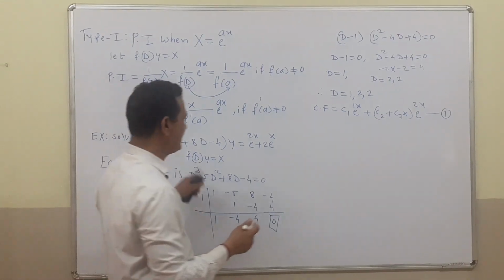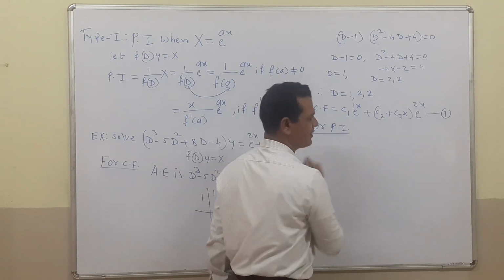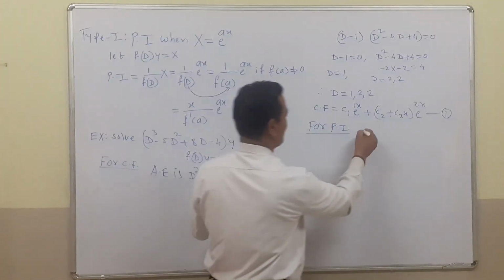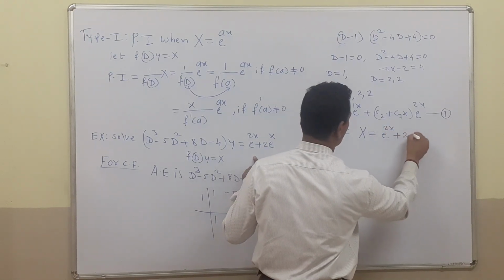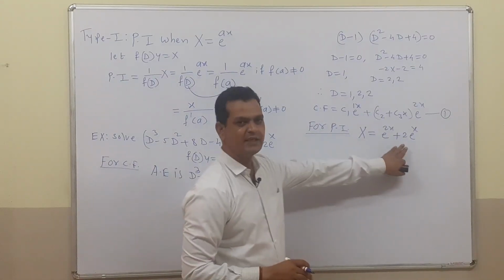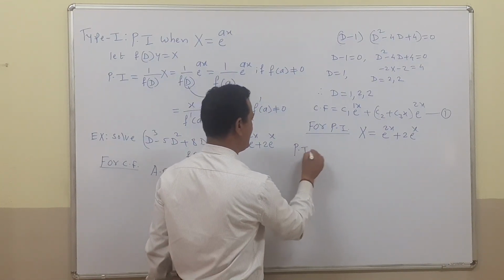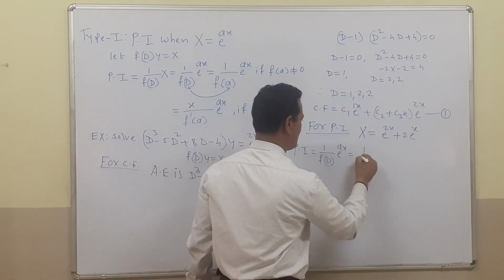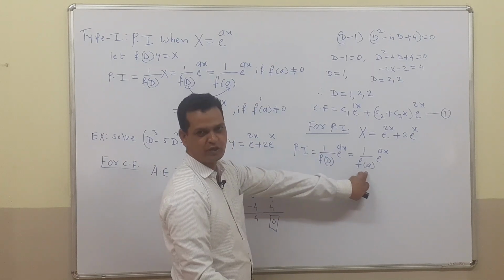Now next is to find the value of the particular integral. Whenever we try to find the particular integral of any equation, first check the value of capital X. Here the value of capital X is e raised to 2x plus 2 times e raised to x. Up to the previous example we only considered a single term. Now there are two terms. In this case the particular integral is 1 upon f of d e raised to ax, equal to 1 upon f of a e raised to ax, provided that this term is not equal to 0.